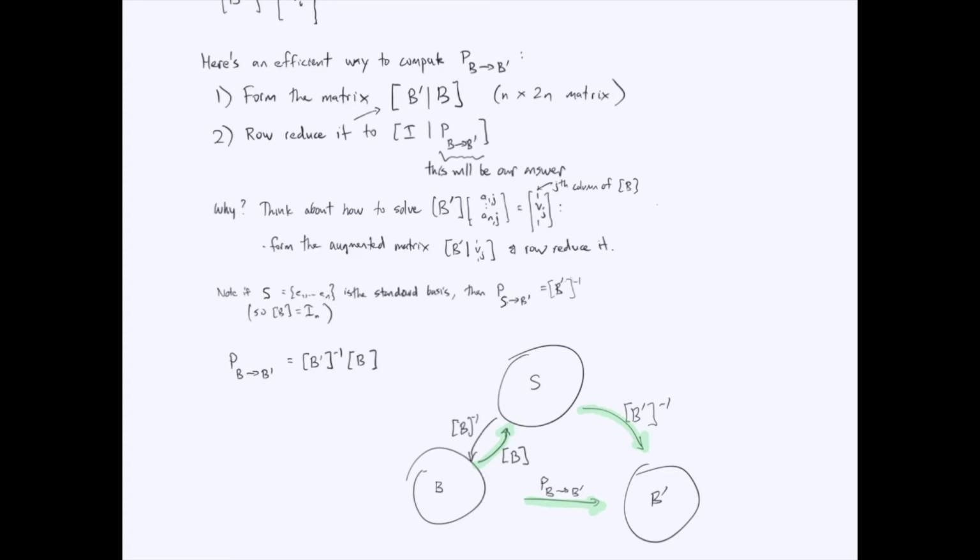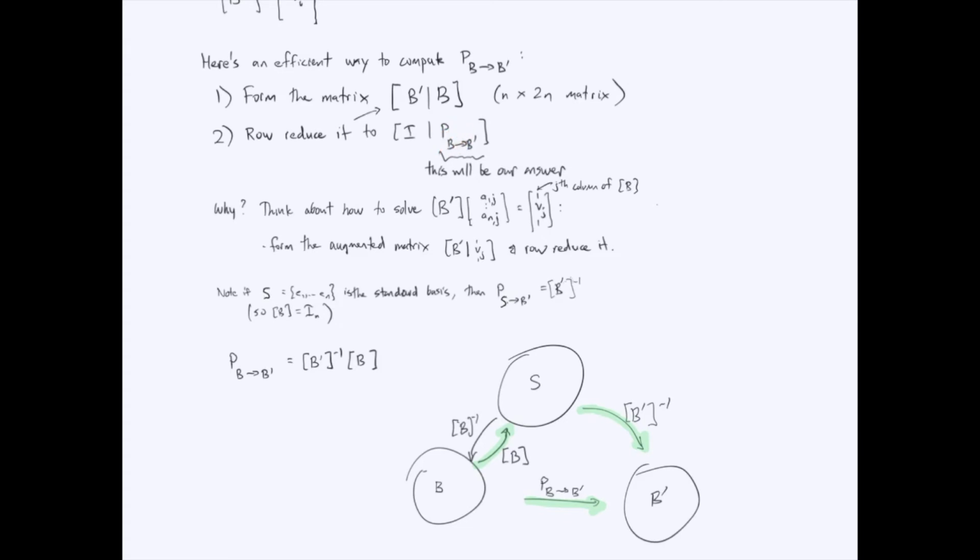Why is that? Well, remember that was the procedure of how we found the inverse of a matrix. If this matrix B is just the identity matrix, then when we take B primed and the identity matrix and row reduce it, way back I think in chapter 1, we saw that we would get the inverse of B primed here.